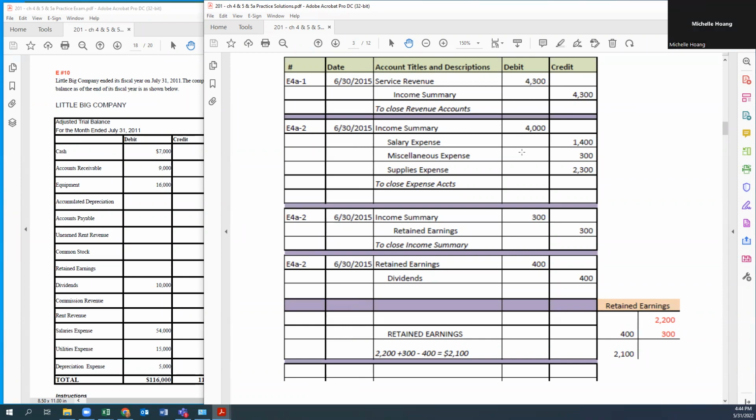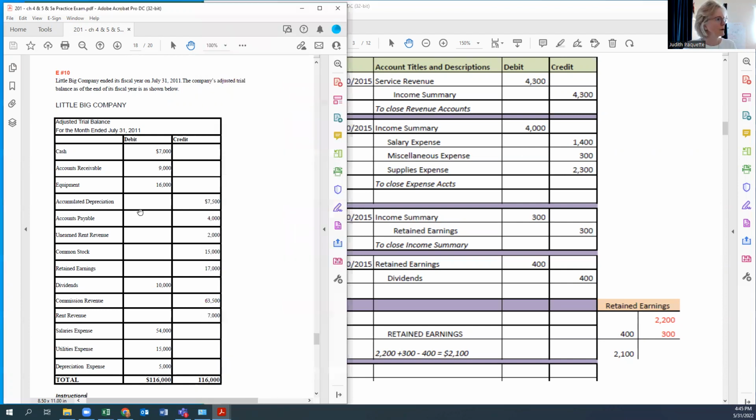If we have a net loss, meaning that we will debit the retained earnings, right? That's correct. You have to get rid of the balance in income summary. If it's a debit, you credit income summary and debit retained earnings. Okay, thank you so much. And that's it. Good questions.